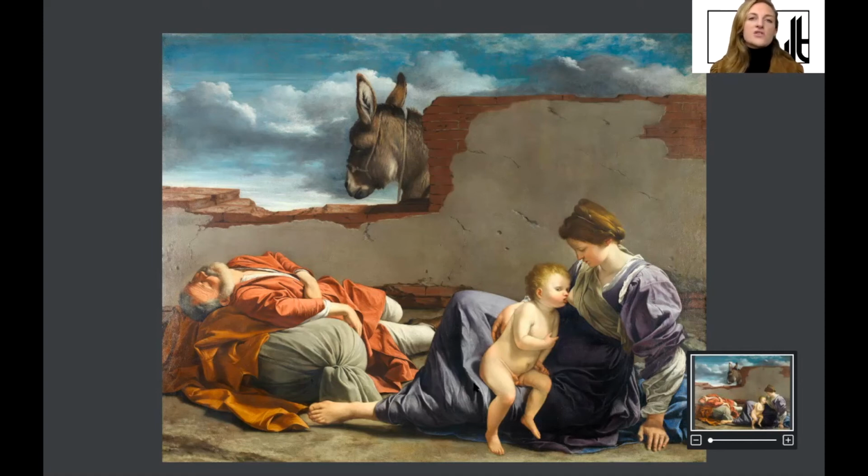So Orazio pressed charges against Tassi based on the fact that he had ruined the Gentileschi name, and that he wanted him to be punished for what he had done.